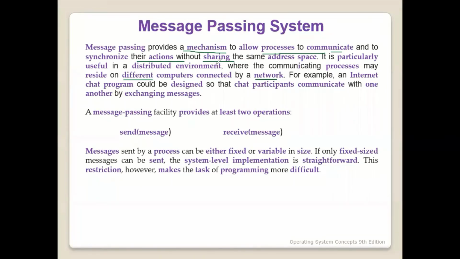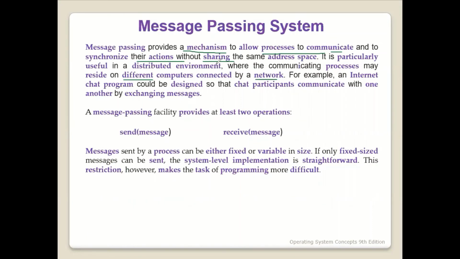Remember, message passing is used in distributed computing. Why? Because in distributed computing, the processes are not going to reside in one computer system. Maybe one process is in one computer system and another process in another computer system, because they are connected in a network, a distributed environment.